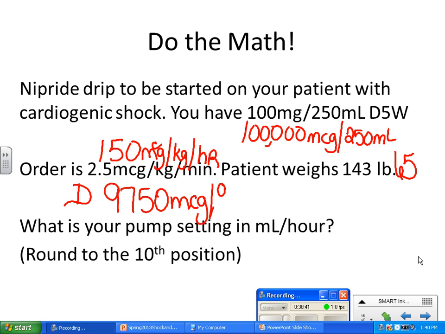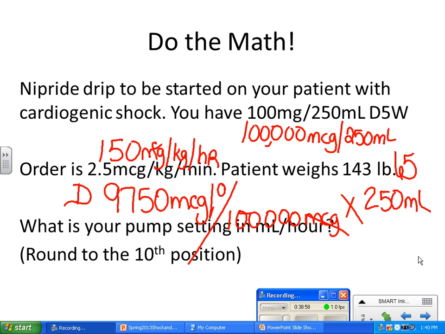What do we have? 100,000 micrograms. And what's our volume? 250. So we cancel out the micrograms, and we get what? 24.4 milliliters per hour. So did everybody see how we got that? Okay.